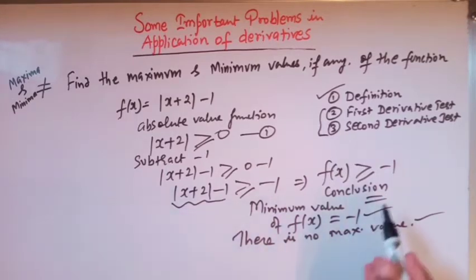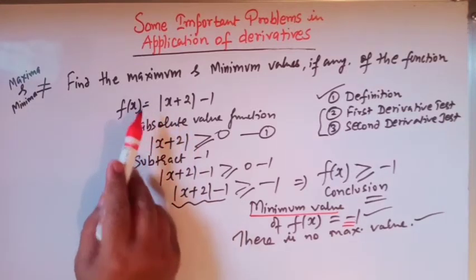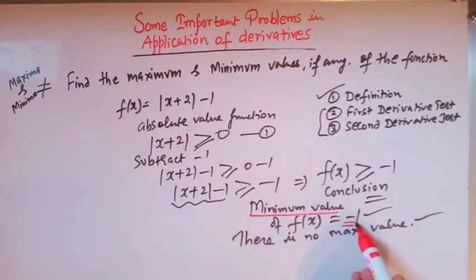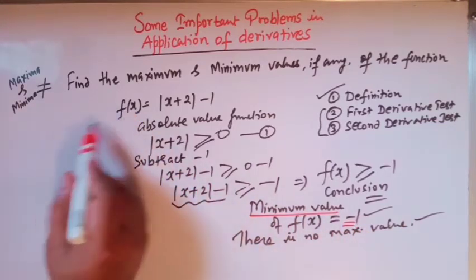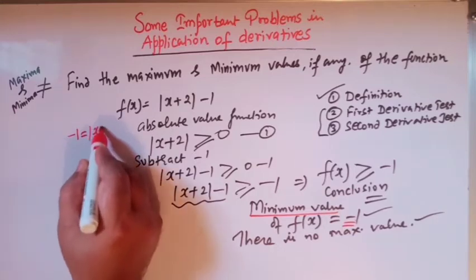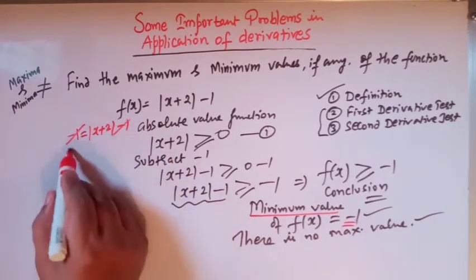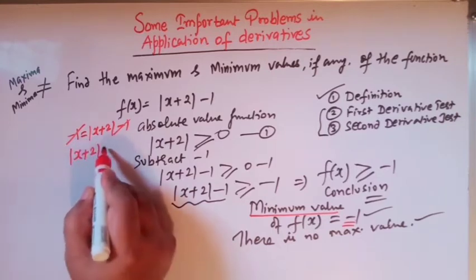Now viewers, here I would like to mention one more thing. The minimum value is minus 1, and let us see at what value of x this minimum value occurs. f of x is minus 1, so if I substitute here, we have minus 1 equal to mod of x plus 2 minus 1. Minus 1 gets cancelled, so we have mod of x plus 2 is 0.